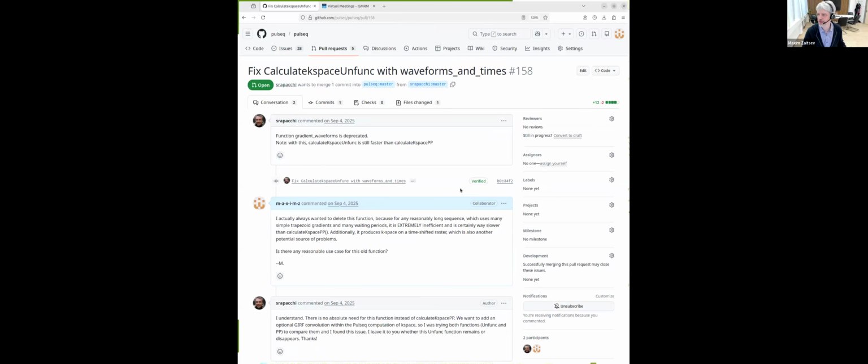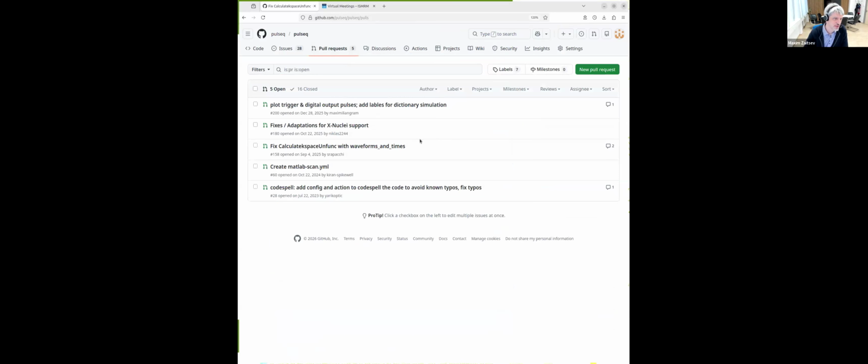Is there any desire to use this, or is anybody actually using this non-functional case-based calculation function? Probably not. So I'll probably reject this one. I don't see the reason.